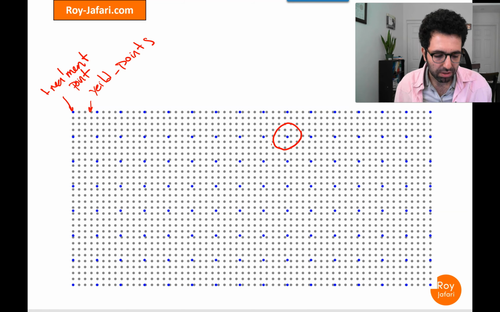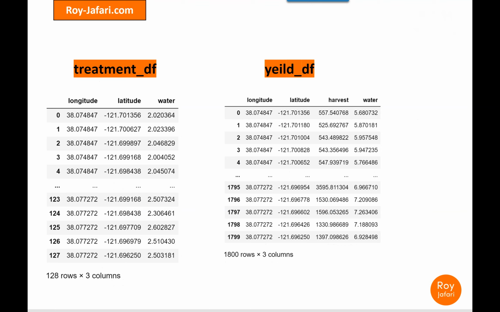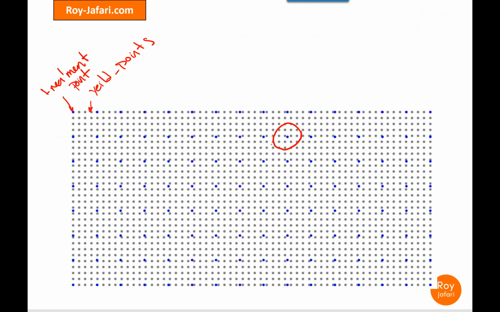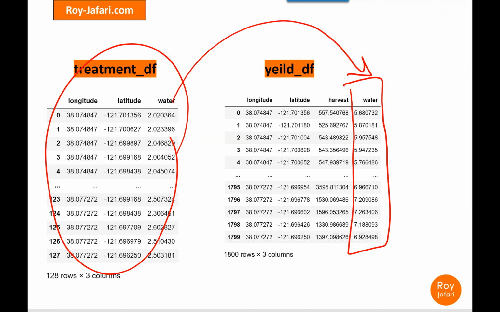So based on these assumptions, I construct this new attribute. This is the constructed attribute that uses this data, based on some assumptions, to come to a water value that is proportionate to the amount of water received from each of these water points, based on the proximity of these points. So I was able to fuse these two data sources by coming up with a new attribute based on some assumptions.